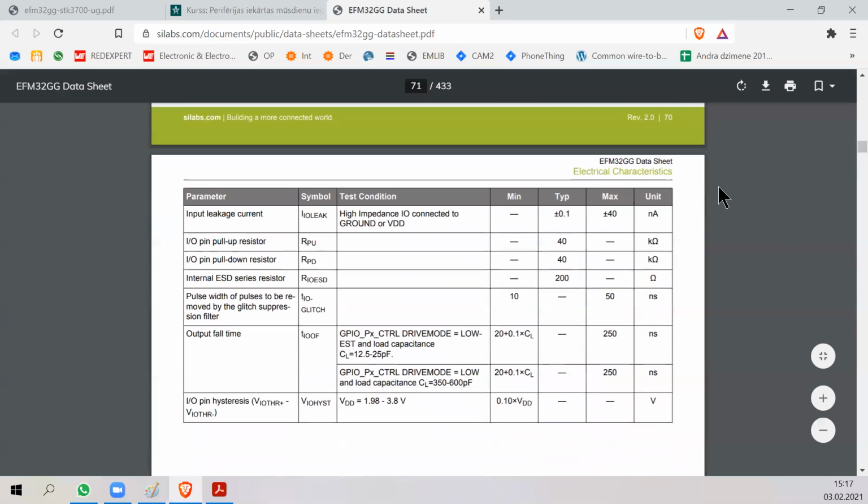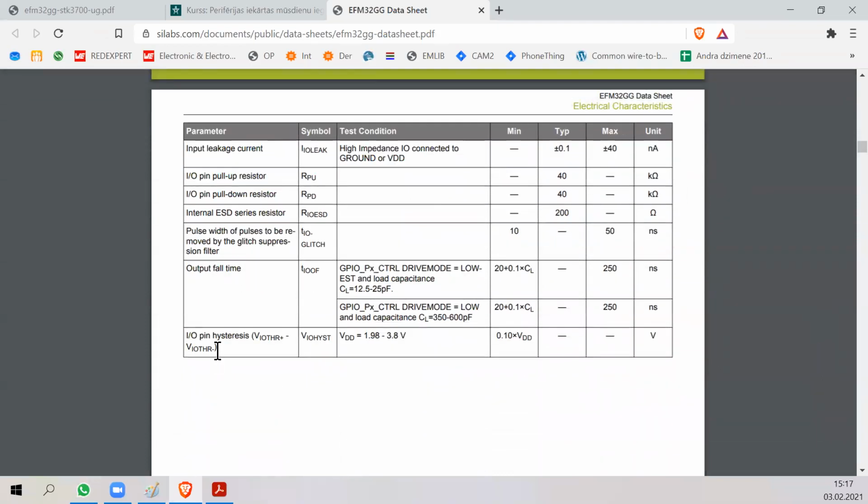And you can also check out what the hysteresis of the signal is. It is 0.1 times power supply voltage. Okay. You also have the maximum output fall time, so how quickly the pin goes low or high.